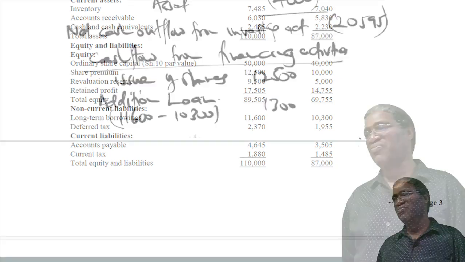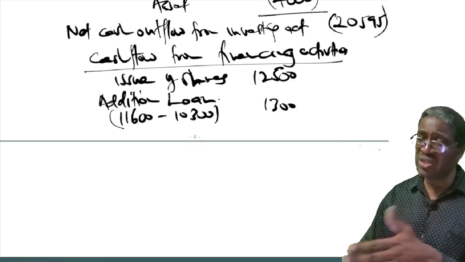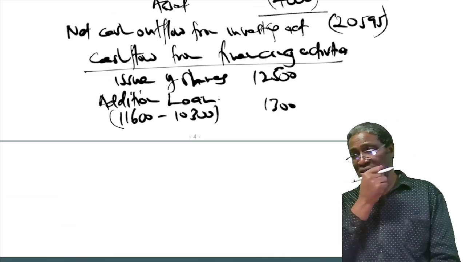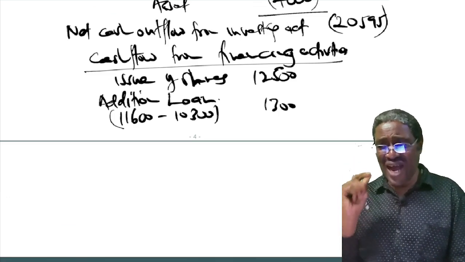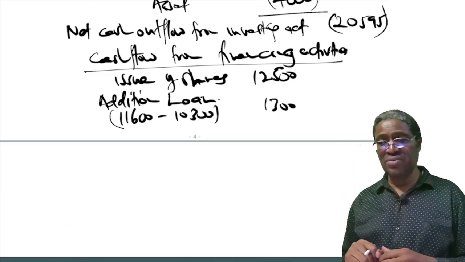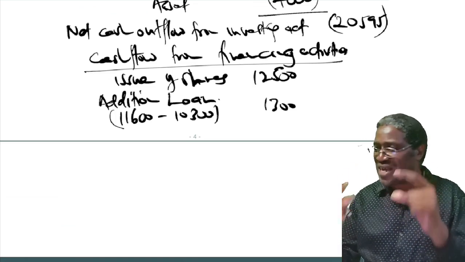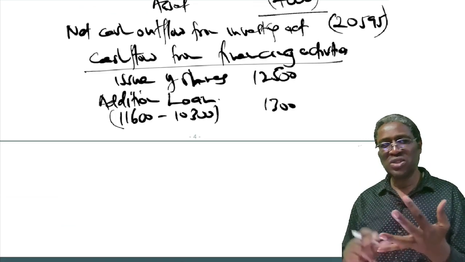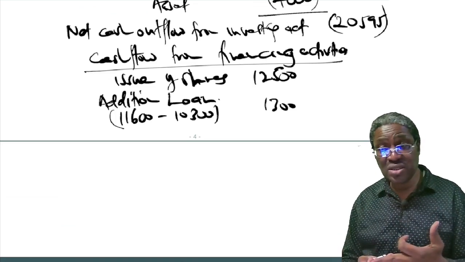Otherwise, there could be additional issue of debentures, or repayment of debentures. Good. Now listen. Once you have identified the major financing items, like share capital, additional loan, could be debentures.